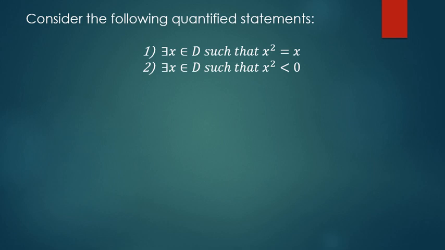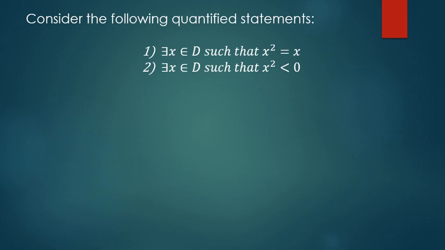Just as a quick recap, to show that an existential statement is true, you just have to show that there is one value of x such that when you plug it in, it makes your predicate true. It doesn't have to be more than one. There very well may be more than one, but you just have to show one.